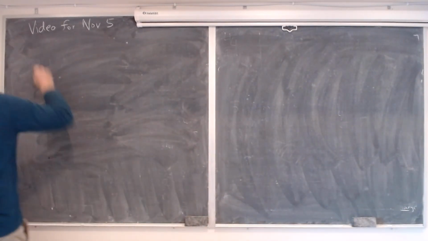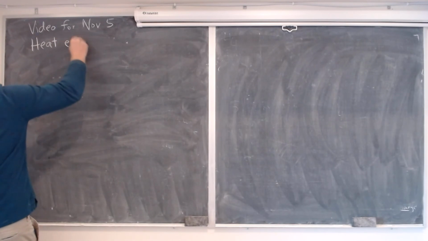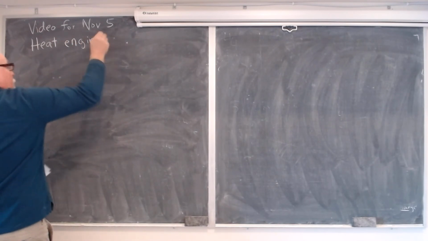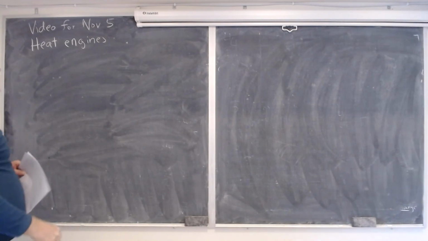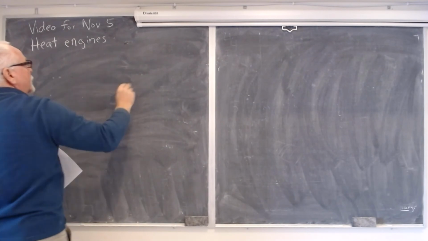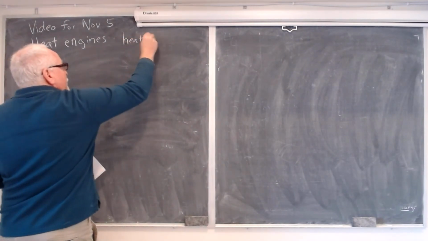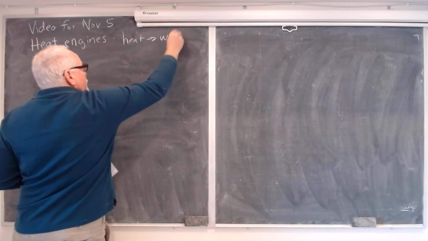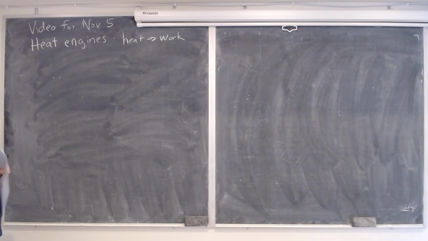Now, heat engines, and in subsequent lectures we'll go through the different varieties. We sort of touched upon it before the quiz, but they take heat and convert it to work. And I won't redraw a piston and cylinder because I'm going to draw it in a little bit here.